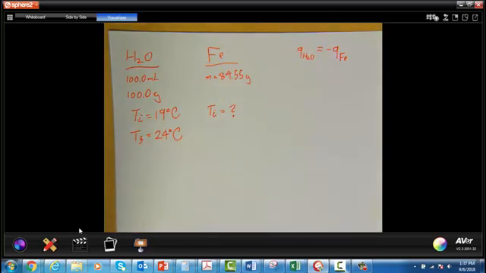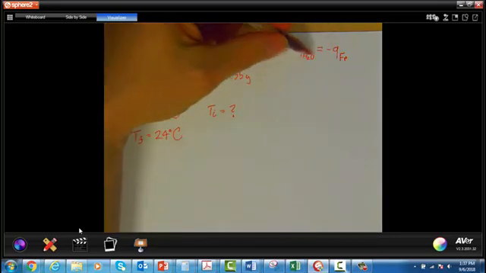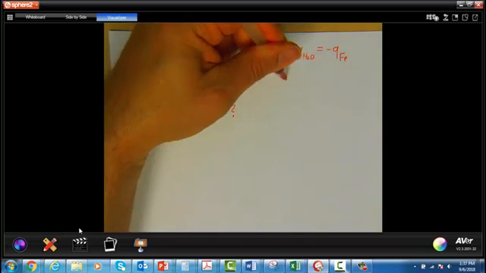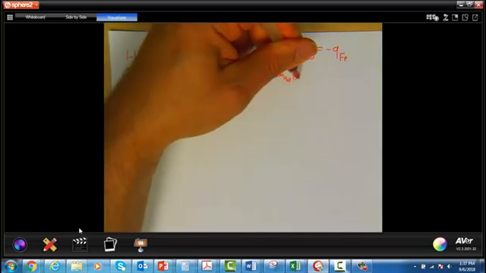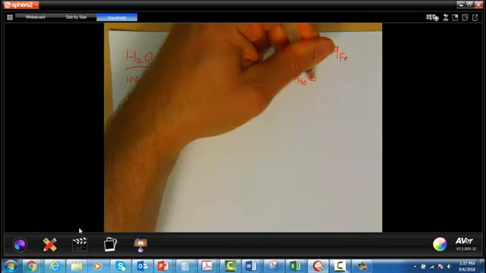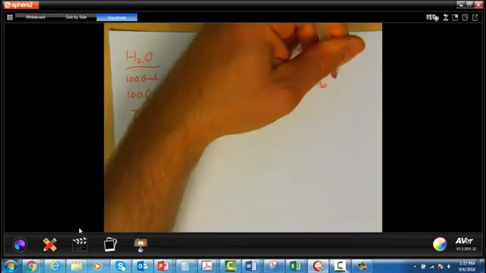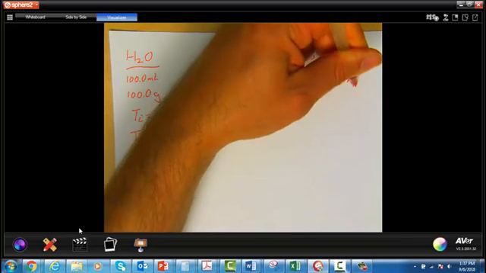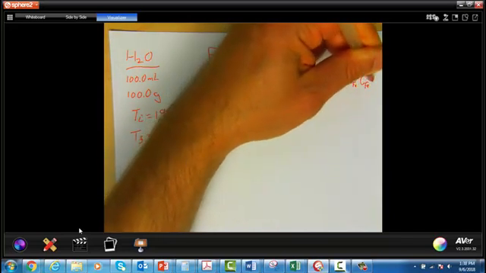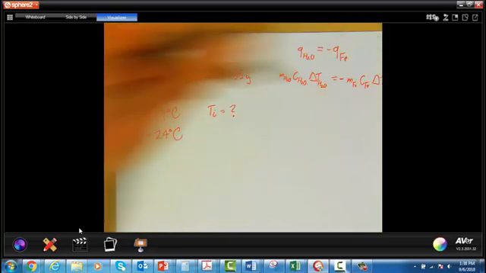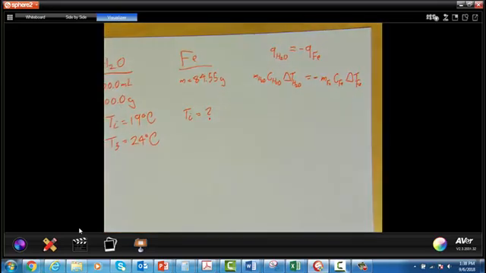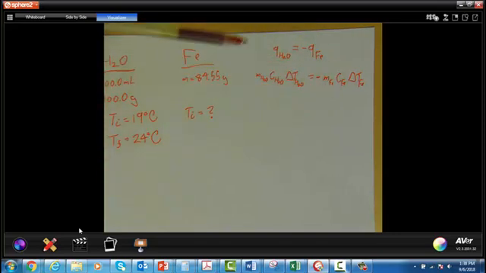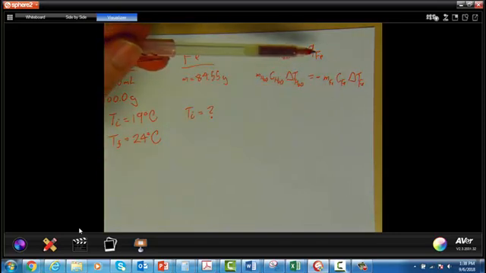And for this we have a heat equation: mass of the water times heat capacity of the water times delta T of the water is going to be equal to negative mass of the iron times heat capacity of the iron times delta T of the iron. So this heat equation is equal to this heat equation.